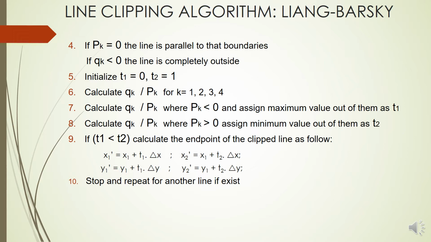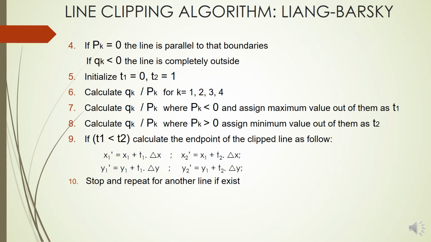And if any qk that you calculated in step number 3 is less than 0, it shows that the line is completely outside. So this is just the condition. Then the next step is to perform initialization: initialize t1 equal to 0 and t2 equal to 1.